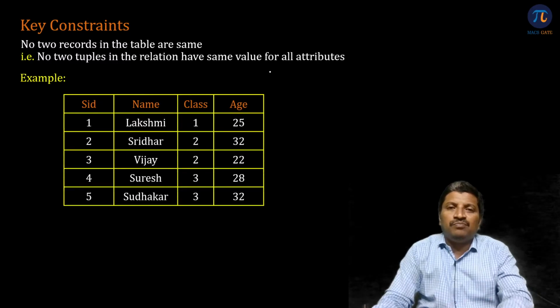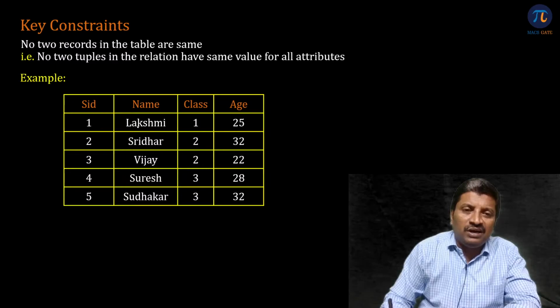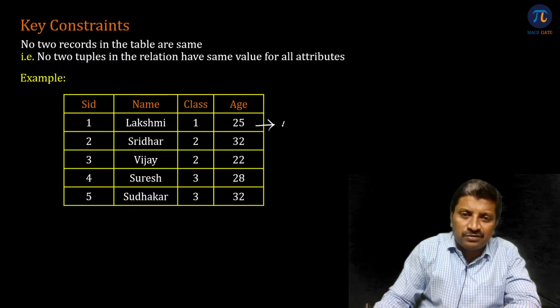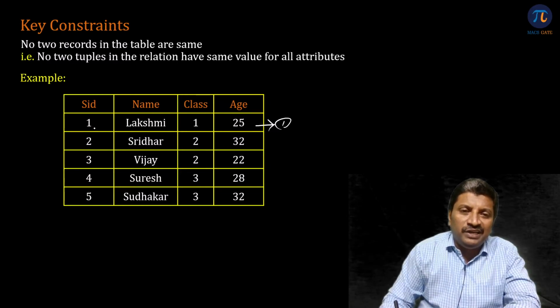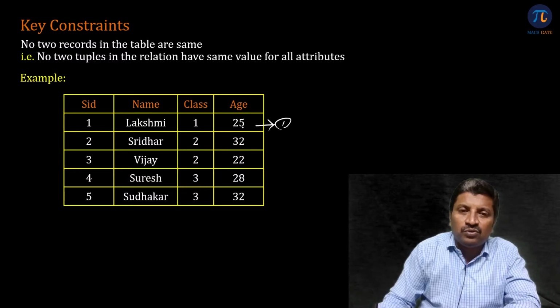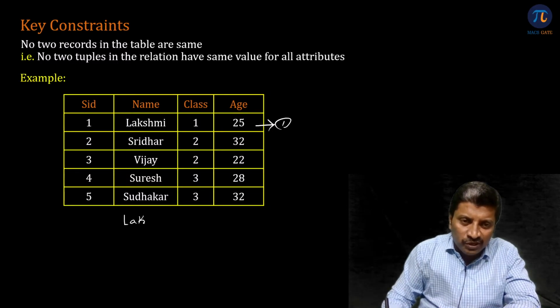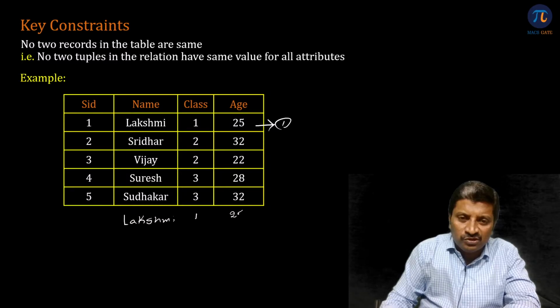For example, suppose I have a relation like this: 1, Lakshmi, 1, 25. Let us focus on this record. So I have a student Lakshmi whose ID is 1, whose class is 1, whose age is 25. Now I can have one more student whose name is Lakshmi, whose class is 1, whose age is 25.